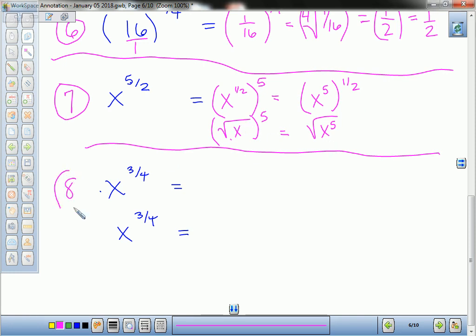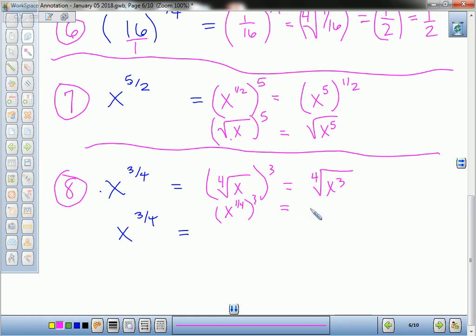All right, so if we did the same thing here, the root is the 4th root. So it's the 4th root of x to the 3rd power, or we could write it as the 4th root of x cubed. These are equivalent. Now we could also write this as x to the 1/4 power cubed.